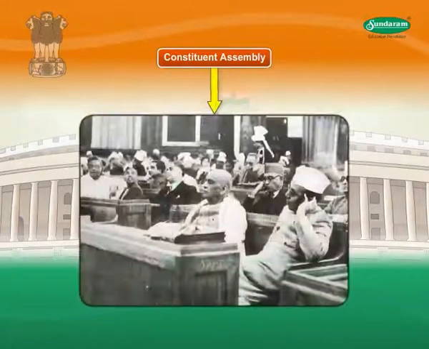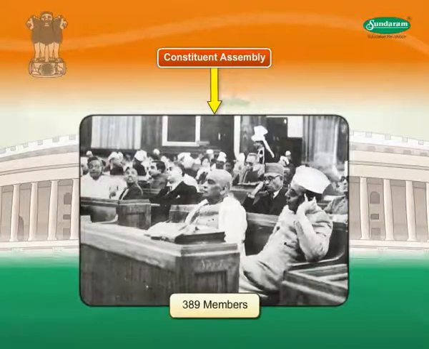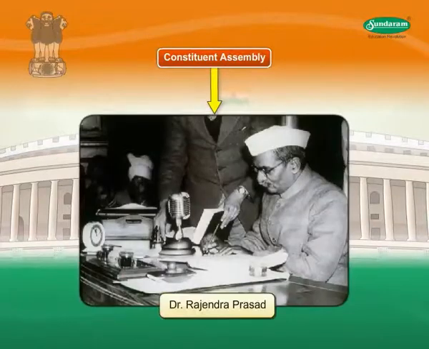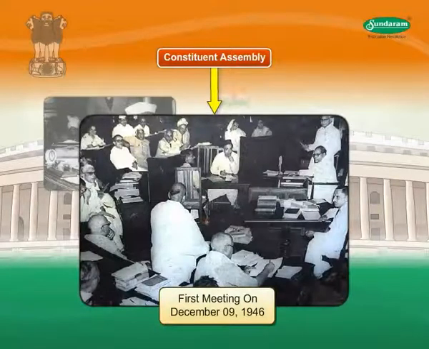At the beginning, the Constituent Assembly of India consisted of 389 members. Dr. Rajendra Prasad was chairperson of Constituent Assembly. Under his chairmanship, first meeting of Constituent Assembly was held on December 9th, 1946.